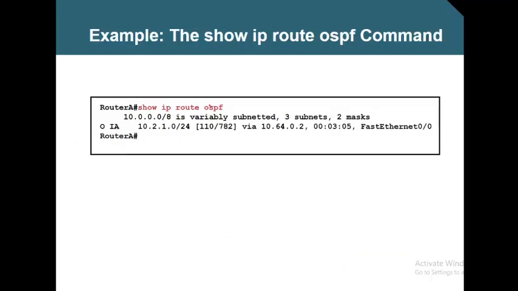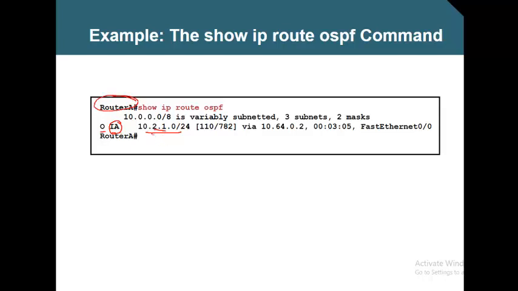Okay, this is a sample output of show ip route ospf. It shows that there's only one OSPF running, and these are the routes it has learned via OSPF. O IA means inter area, meaning this destination is not in the same area where router A is.